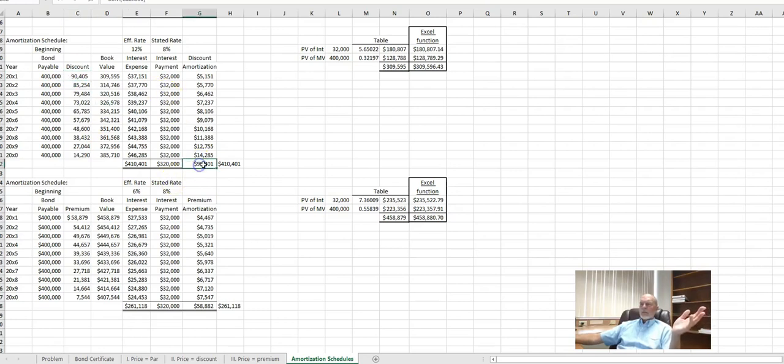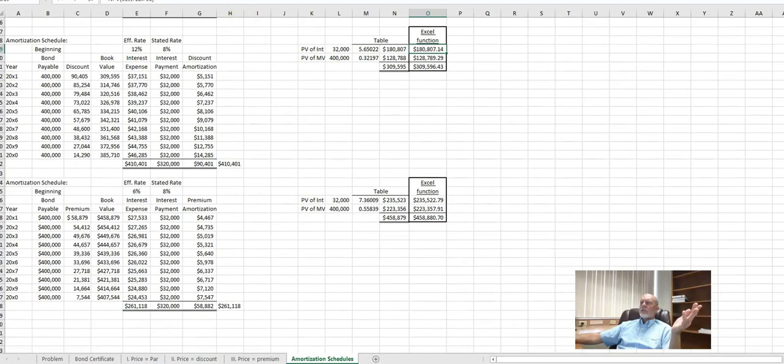If you've prepared the amortization table correctly, then it'll be fully amortized. In this case, there's a little bit of a rounding error, and that's because my original discount was rounded from those table factors. So in that final year, just make sure you plug in the difference and fully amortize the discount.